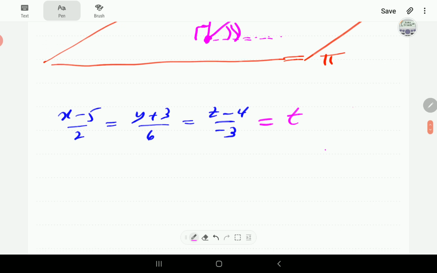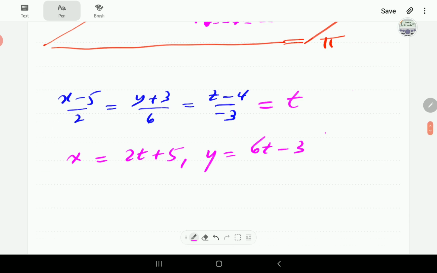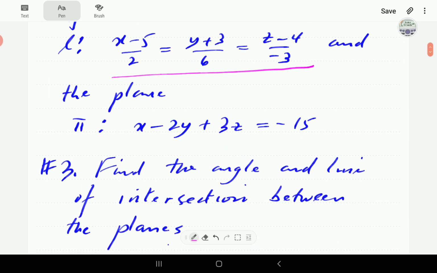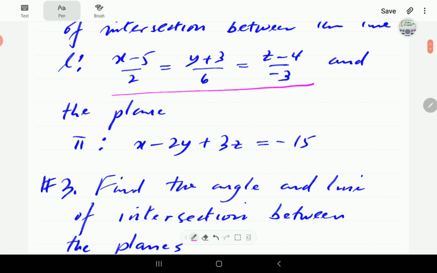If we equate it to the parameter t, then x is 2t plus 5, y is going to be 6t minus 3, and z is going to be 4 minus 3t. So that is the form we're going to use, where we only have one unknown, t.